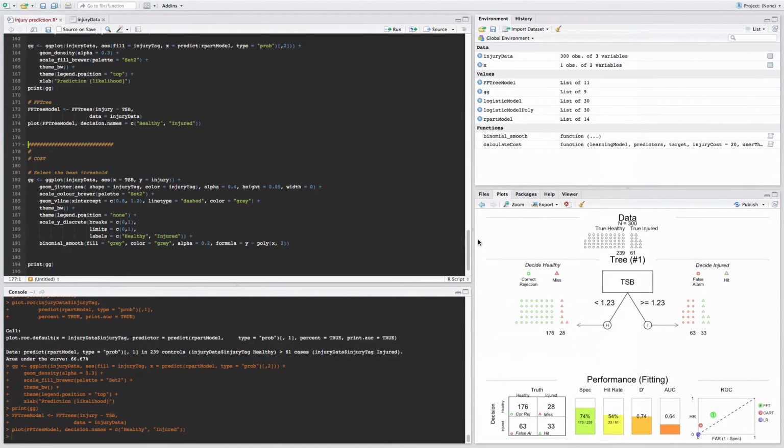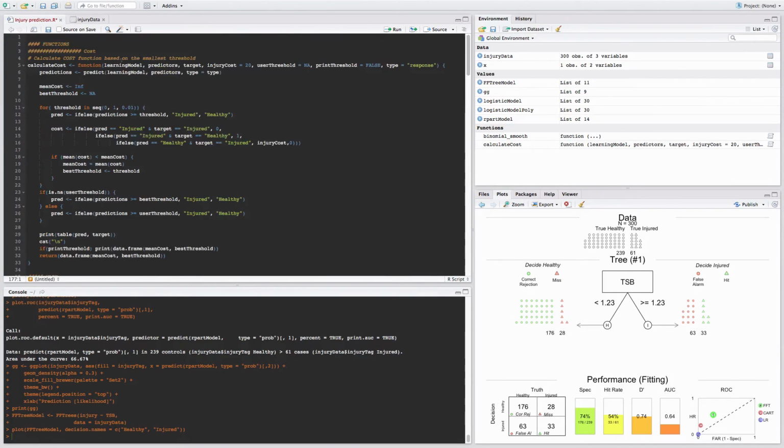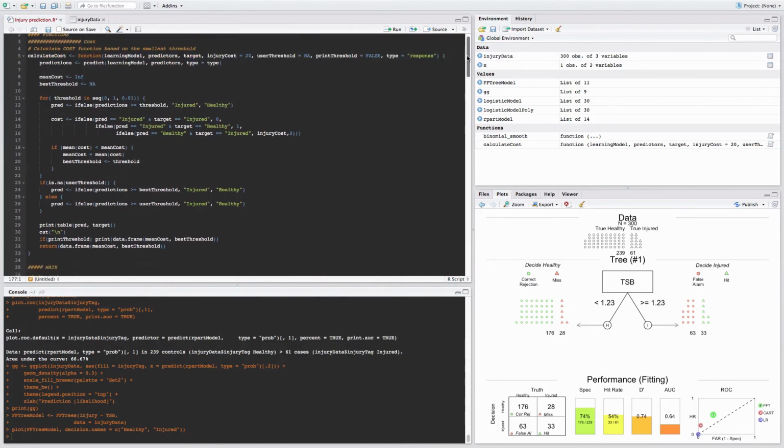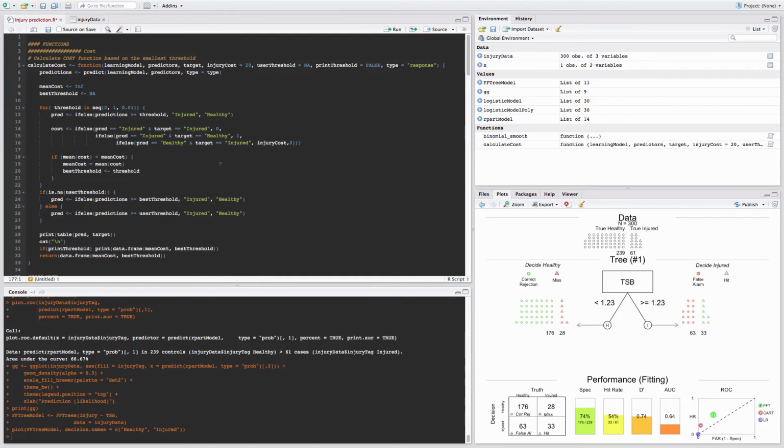So at the beginning of this script, I wrote the calculate cost function, and these are some of the parameters that I use because I calculated the confusion matrix before. We give the injury cost, which is how much it costs me to misclassify someone as healthy when he ended up being injured. So this is 20, so pretty much a 20 to 1 ratio.